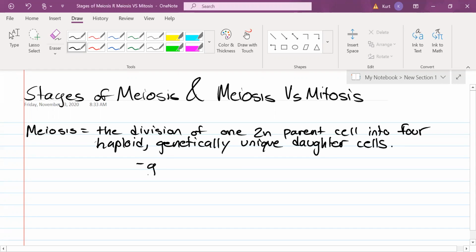This is gametogenesis. So meiosis is the means in which gametogenesis occurs. It is the formation of sperm and it is the formation of egg.